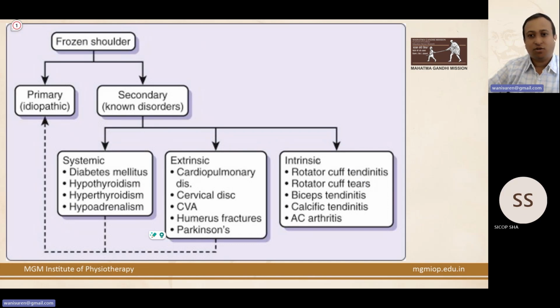Some intrinsic pathologies can also cause frozen shoulder. Intrinsic means disorders around the shoulder like rotator cuff tendinitis, rotator cuff tears, bicipital tendinitis, then calcific tendinitis. Acromioclavicular arthritis also may lead to a frozen shoulder or adhesive capsulitis, that is secondary.